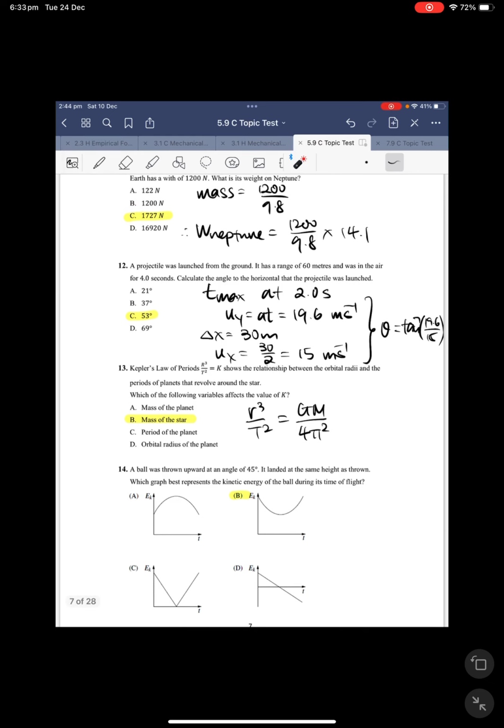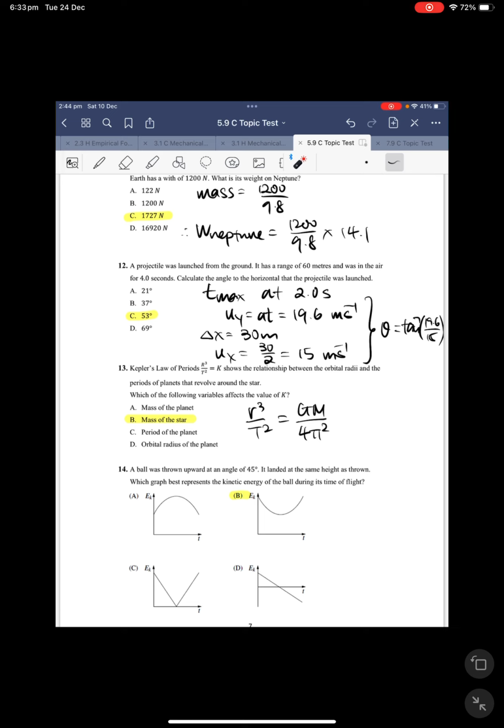Question 12, we have a projectile launched from the ground, range of 60 meters, in the air for 4 seconds, calculate the angle. So we know that the projectile reaches its max height at a time of 2 seconds, which is half of the total time, right? Assuming that the flight path is going to be symmetric here.